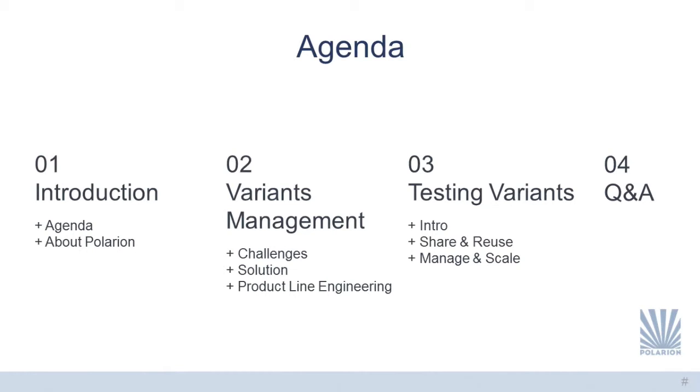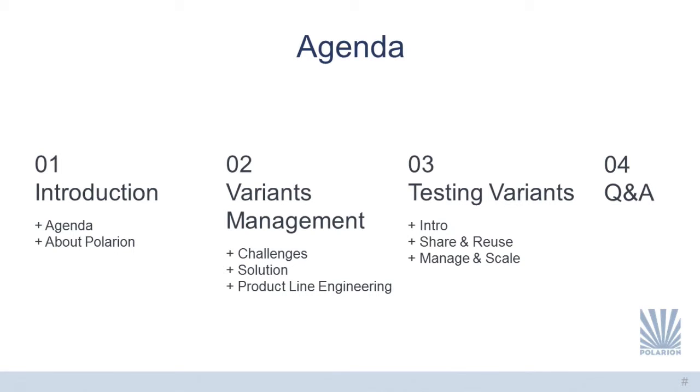I would like to just tell you a little bit about the agenda. What I'll do is talk very briefly about who Polarian is, so that you have an idea of where I'm coming from. Then I'm going to delve right into the concept of variance management, some of the challenges, what it is, the potential solutions that we offer, and a little bit about product line engineering.